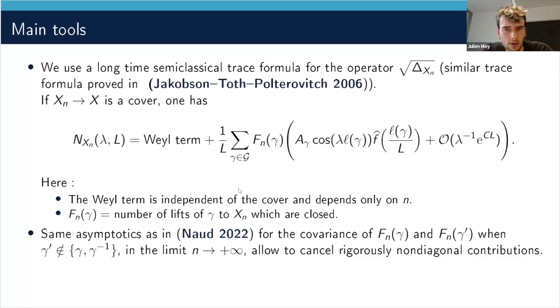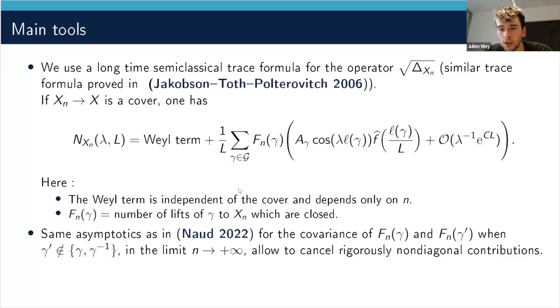Good. So once we have this formula at hand, we use the same asymptotics for the covariances of these random variables. Fn of gamma is of course a random variable because it depends on Xn, which is random. And essentially one can show that the random variables Fn of gamma and Fn of gamma prime, when gamma is different from gamma prime or its inverse, become uncorrelated in the large n limit.